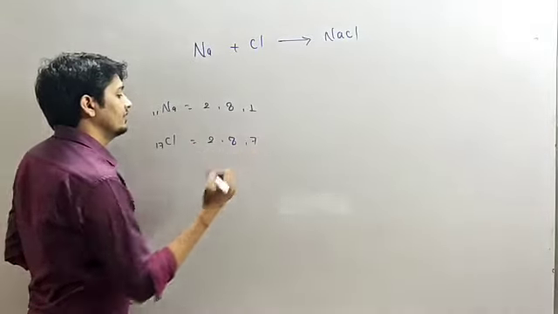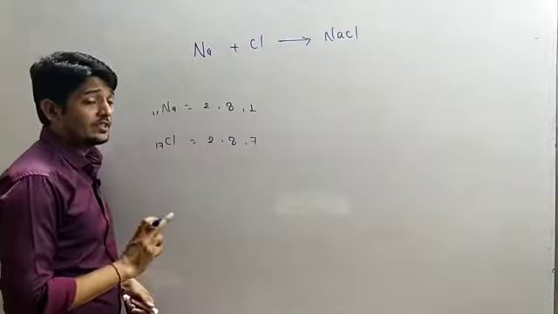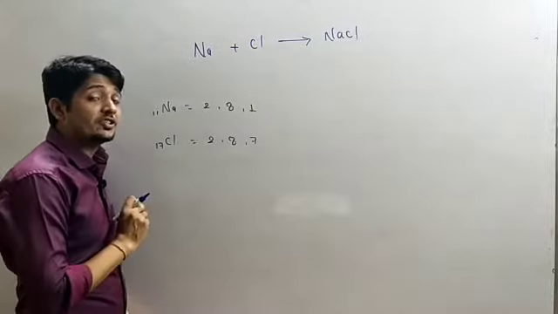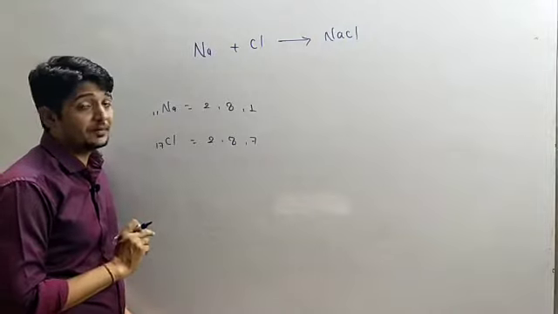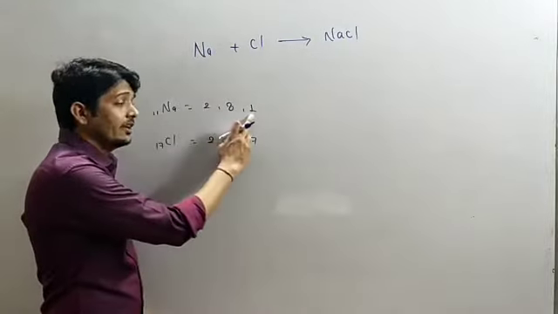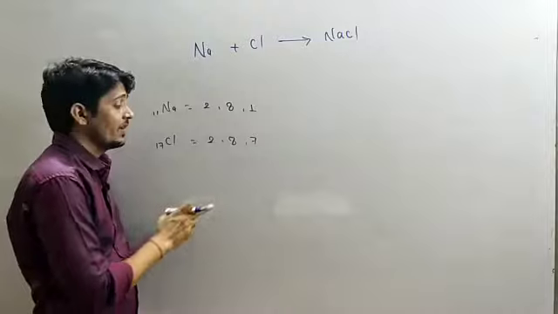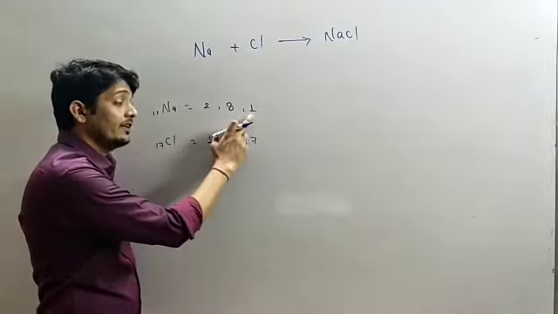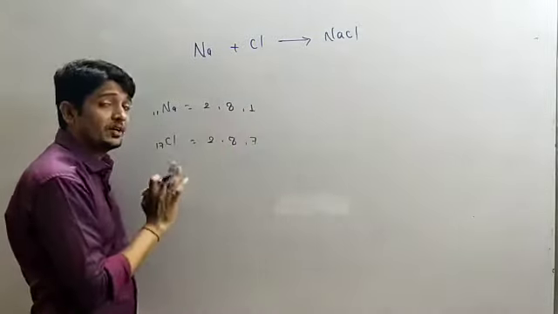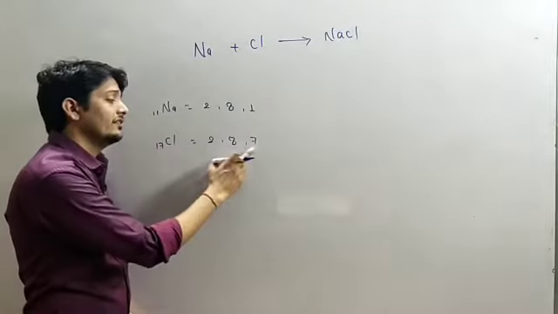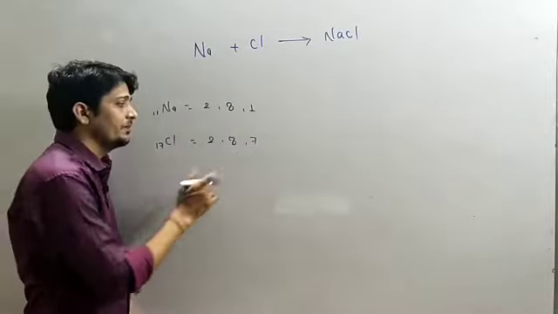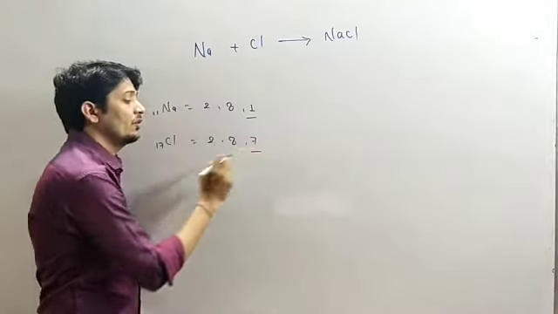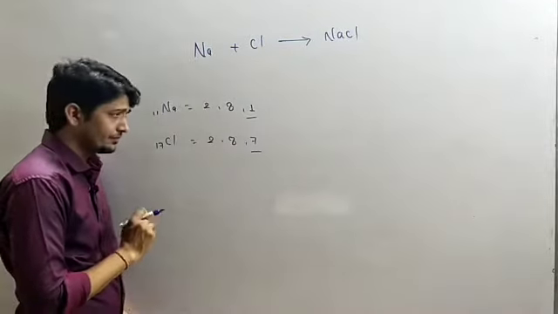8 and 7. The octet rule says every element must have 8 electrons in its outermost shell to acquire stability. Sodium has 1 electron in its outermost shell, so it is not stable, and chlorine has 7 electrons, so it is also not stable. For stability, they must have 8 electrons in their outermost shell.